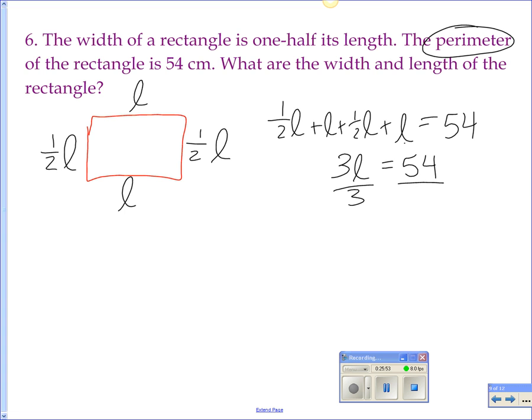Good. 54 divided by 3? I think it's 18. 18. All right, so guys, this one, L is 18. How do we figure out what the width is? Half of 18. Just 9. All right, last one.